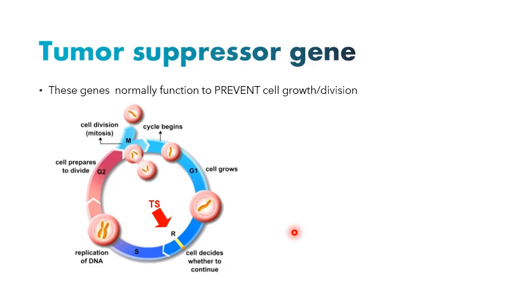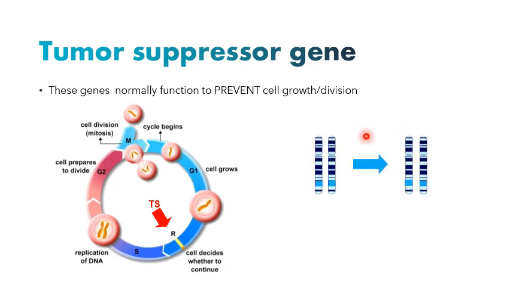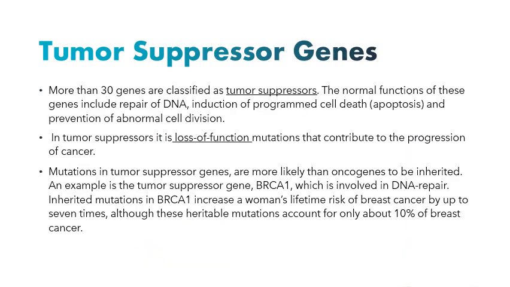It's not like the oncogene. As you know, the tumor suppressor genes have to be mutated in both copies to cause cancer. It's not like an oncogene, where one mutation in one copy will be enough to cause the cancer.